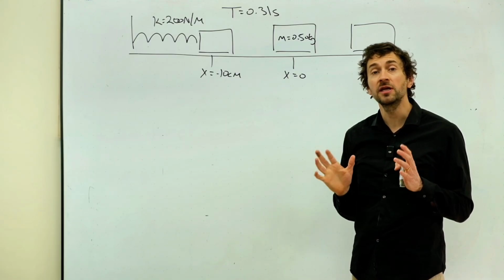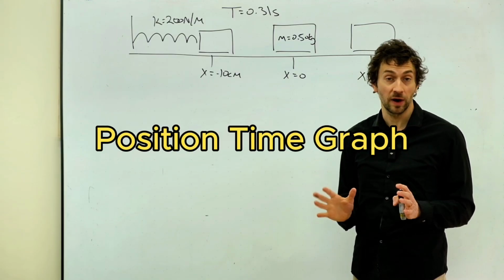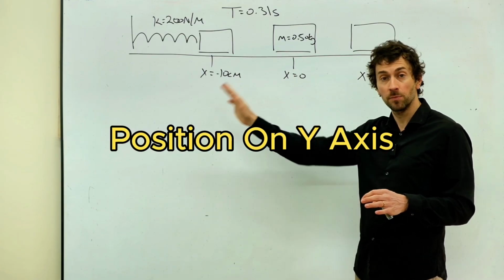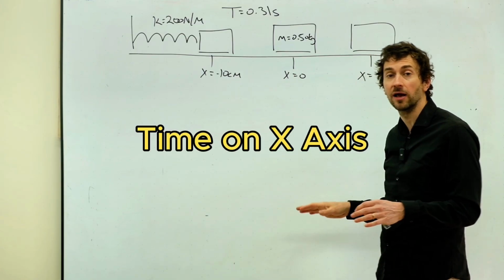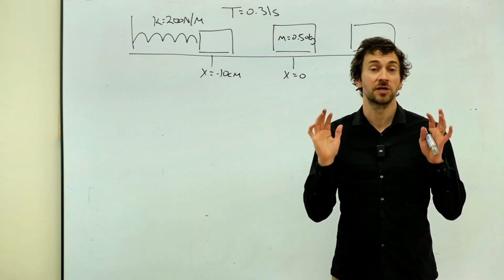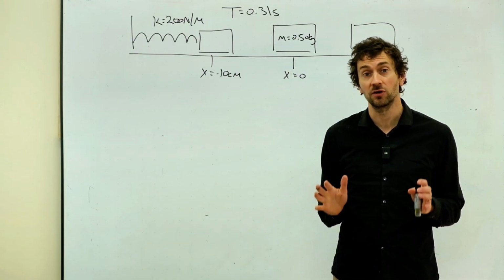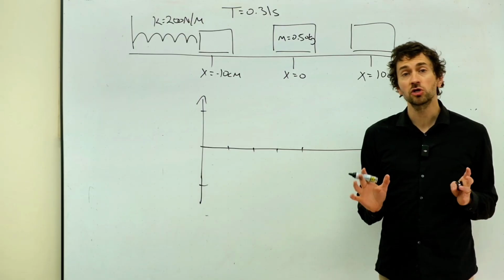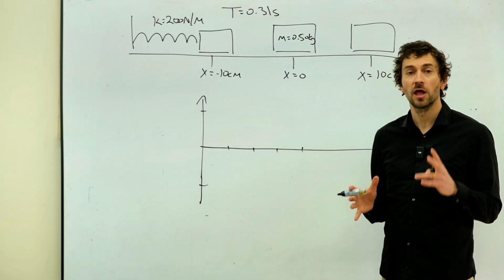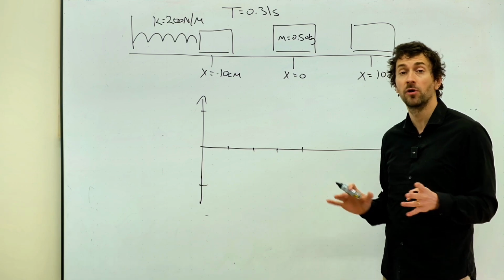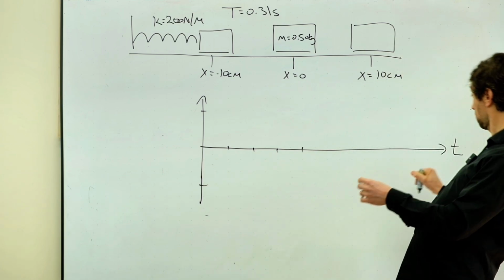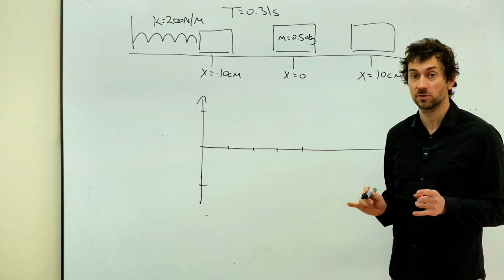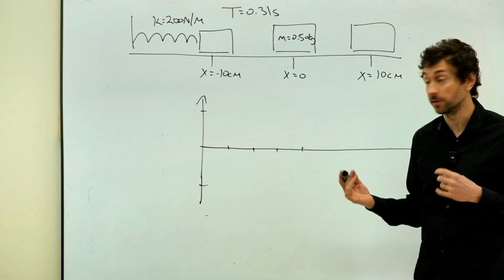Now, when we think about the position-time graph, we're going to plot the position of this block across time, and it's going to perfectly make a sine graph as we plot it. So let's do that. I'm going to try and draw two periods here, and be smart about what I put on my x-axis, which is time, and my y-axis, which is x, the displacement.